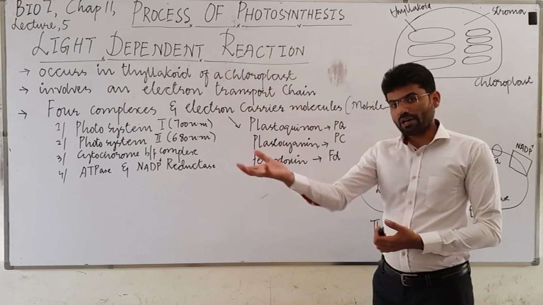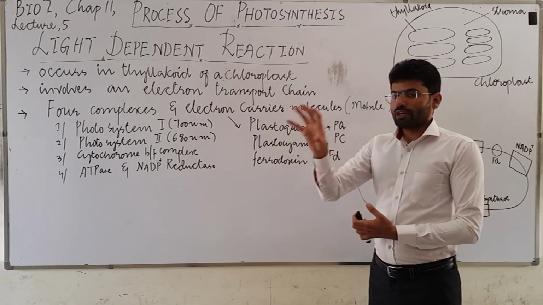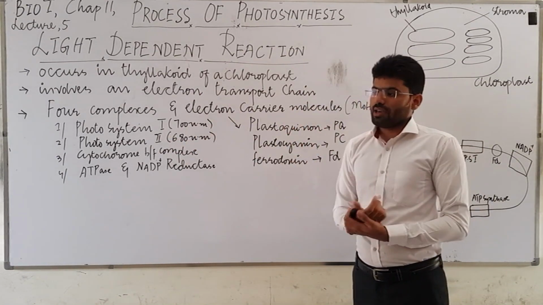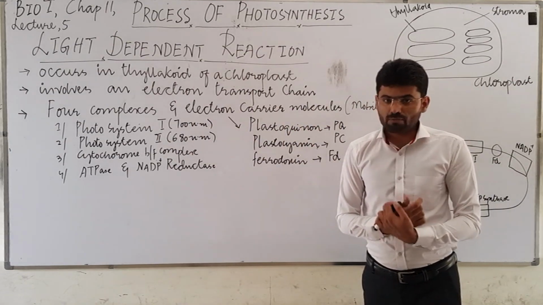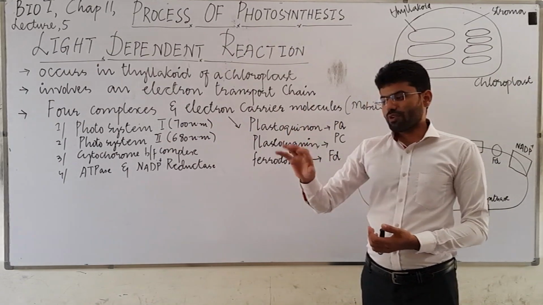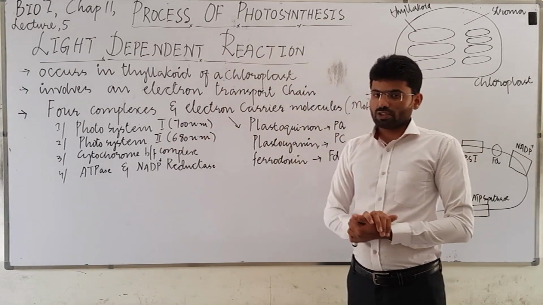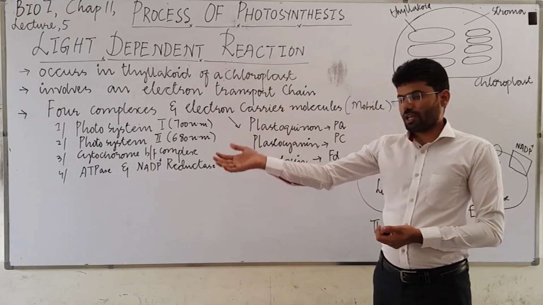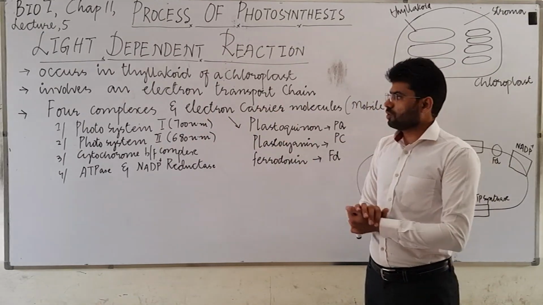And if you remember very well, those electrons were taken up by an electron acceptor molecule. By the end of that video, we also saw that we repaid those two electrons with the help of oxidation of a water molecule.